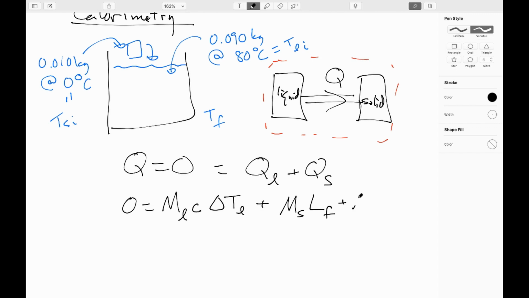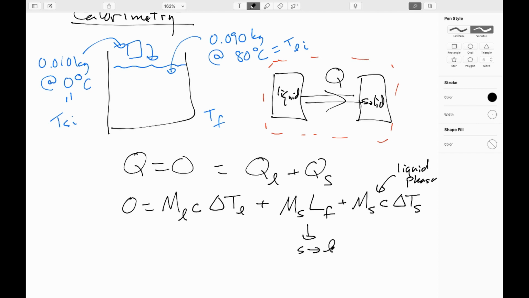And then we just write mass of solid, specific heat of the water times the changing temperature of the solid. Now here, the specific heat we're going to use is going to be for the liquid phase, just like over here. And the reason for this is this took care of us going from solid to liquid.